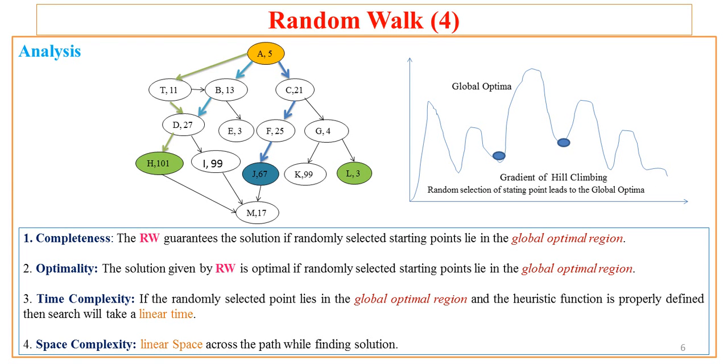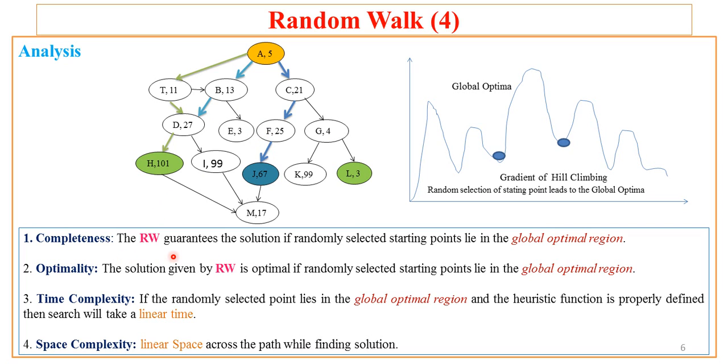Now let us try to analyze the algorithm with respect to the graph which we have already used for the execution of random walk. This analysis is more generic and general, but in particular we'll try to understand this with respect to the graph which we have already used.